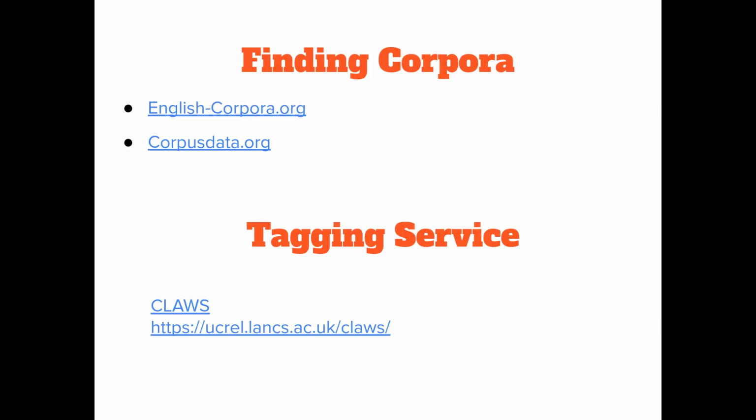You can use this service called CLAWS, which will go through your text, whatever corpus that you're using, and tag and bag all the verbs and the nouns and all that sort of stuff, prepositions listed in there. So again, it's an added field of corpus annotation that you can use in order to analyze a particular corpus. So I just mentioned that to you in passing. It's called CLAWS.